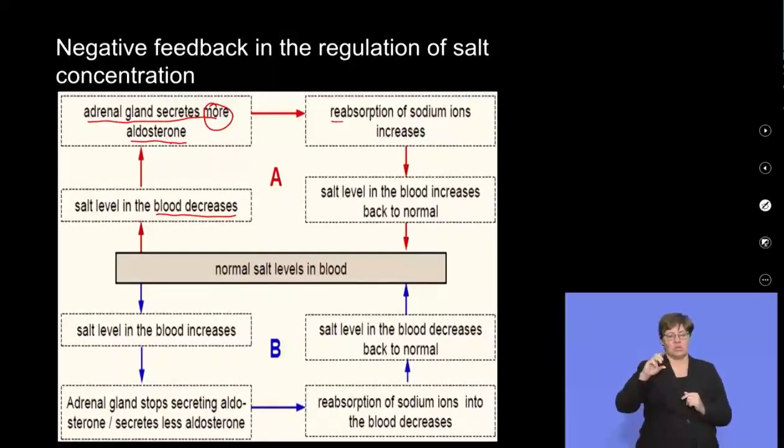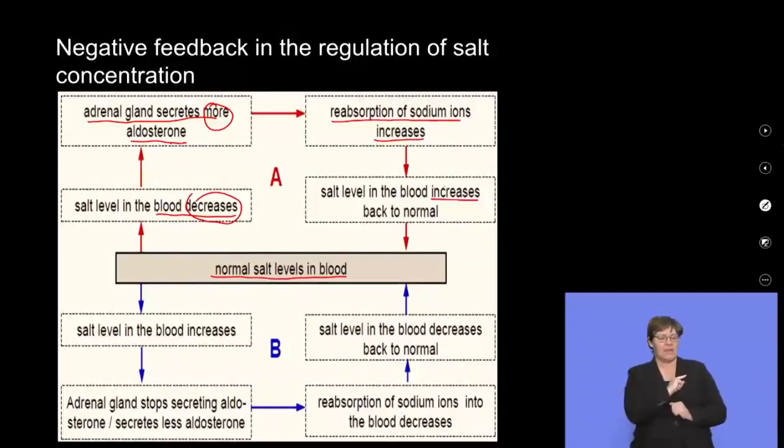So that reabsorption of sodium ions increases. Then salt level in the blood increases, and it will take us back to normal level of salt because it decreased here. So salt level in the blood will now increase. Then it takes us to a normal level of salt in the system.